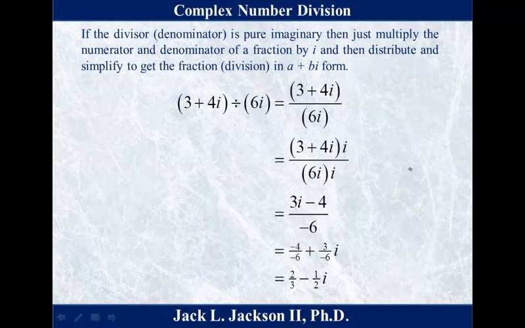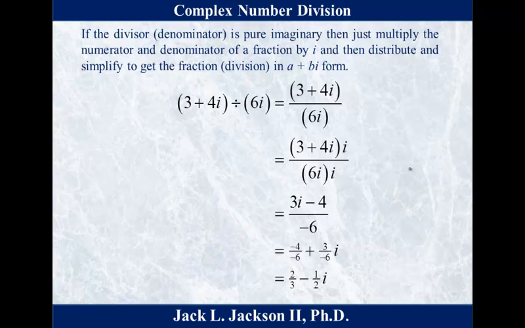Now, if the denominator is a purely imaginary number, then we have a little technique we can do here. We want no i's in the denominator. So the thing that you can do is just multiply top and bottom by i. Notice in the bottom, that will give us an i squared, which is negative 1.